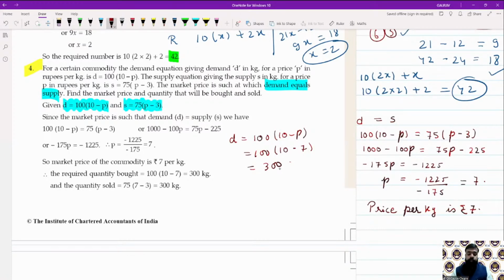This is the demand, 300 kilograms. And for supply, 75 into P minus 3, here also we are getting the same. Why are we getting the same answer? Because the question is telling us that demand and supply are both equal. So we have checked that on substituting the value 7, we are getting both values as 300 kilograms. Okay.